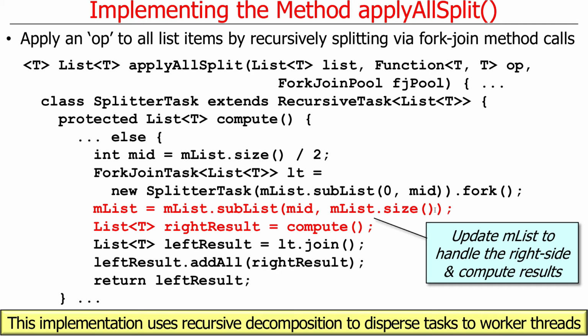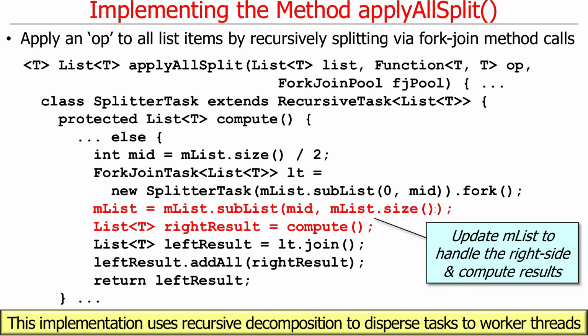And then in our current thread of control, we say, please do the computation on this new sublist. So this is actually a recursive call. Compute here is a recursive call. It'll call itself recursively. But at this point, we've modified mlist, so it's only the right-hand side of the list. So now we've got 2 lists split in half, both of which now are running in parallel.